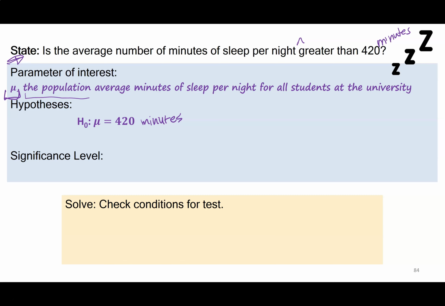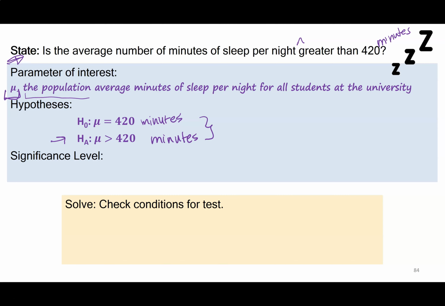My alternative, though, is going to get at what I'm actually interested in: is that average higher than 420 minutes? I want to know if they're getting at least enough sleep, or technically more here. And note, I did include the units. If we have units, you should include them. We're kind of sticklers for units.